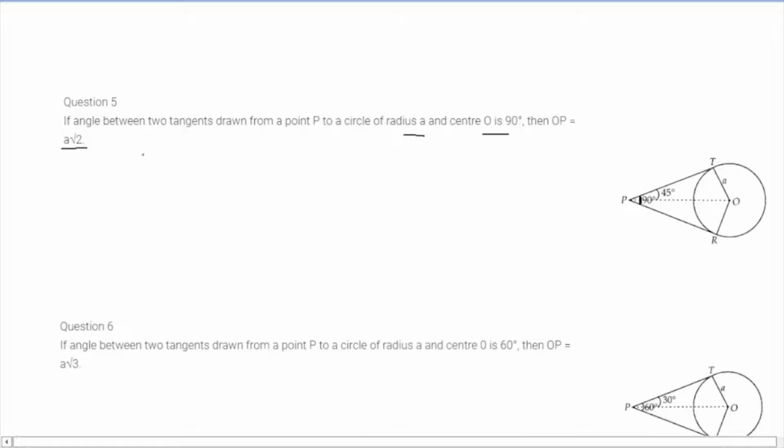Now it's given that angle TPR is 90 degrees. So what can we say about these two angles, this and this? Yes, angle TPO and angle RPO.